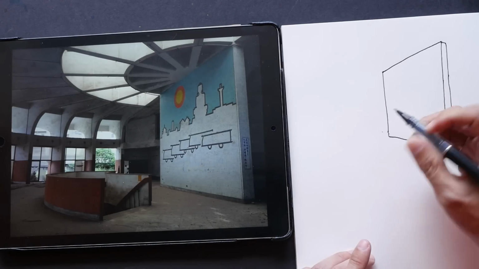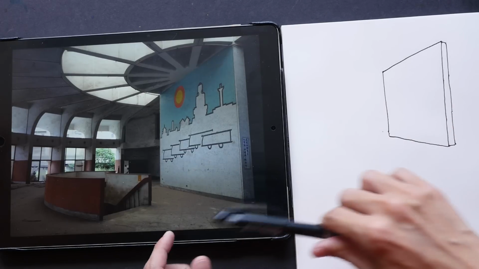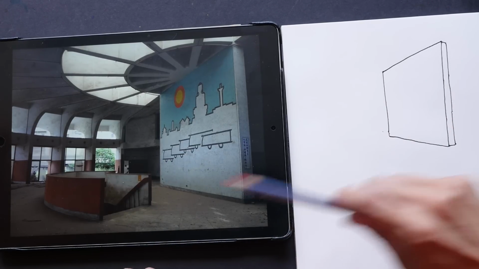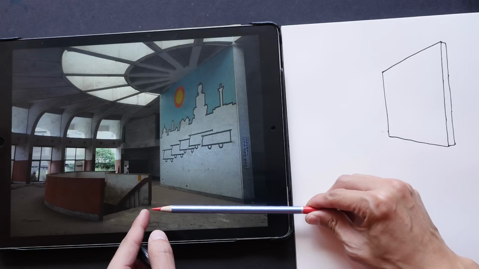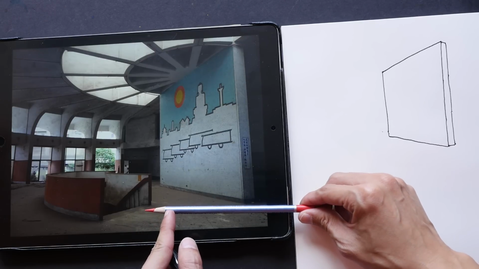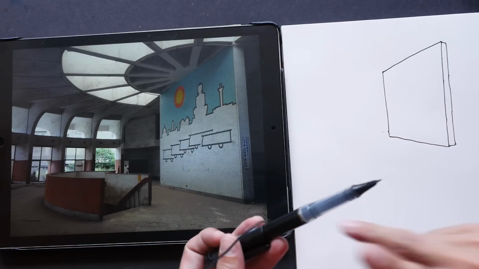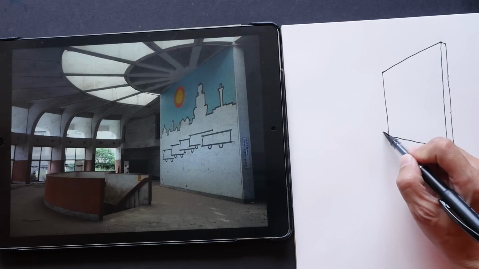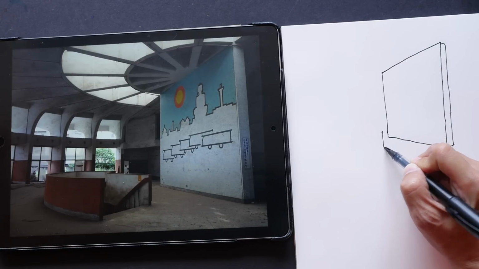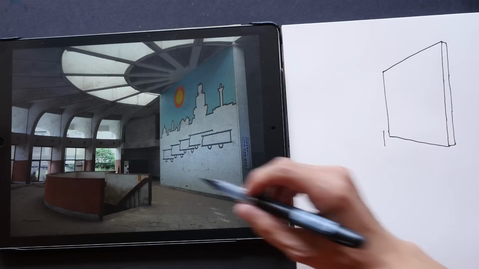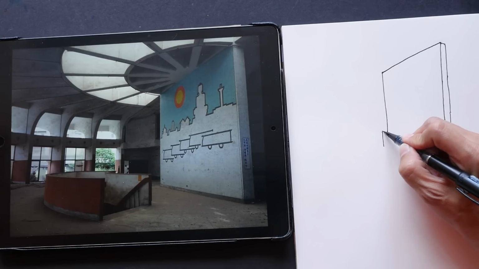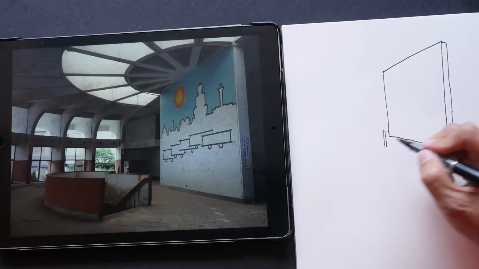So let me draw it, and it ends here. You see this bottom part here? It actually ends at the bottom of the big wall here. So that is very important to get in. So I shall just draw it like this. Yep, so that's the height of this. Let me give it a bit of a thickness.